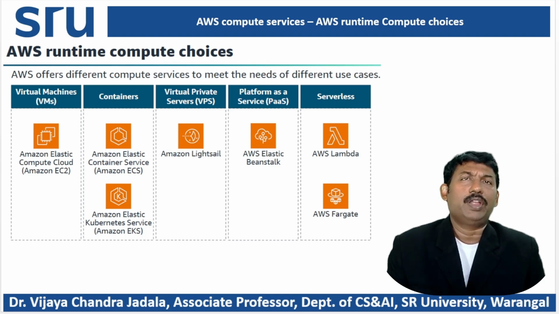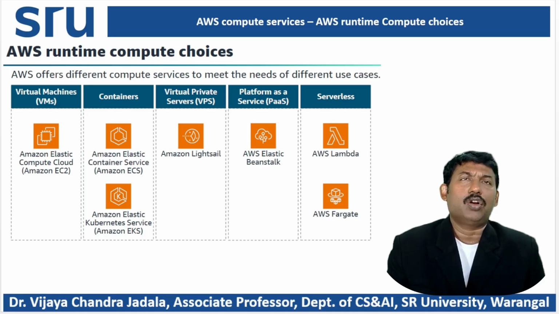For containers, you use Amazon Elastic Container Service, that is ECS, and for Kubernetes, you can use Amazon EKS, that is Amazon Elastic Kubernetes Service.